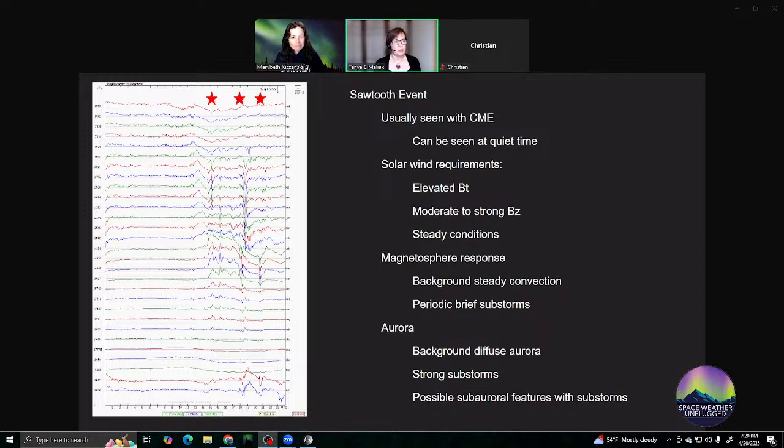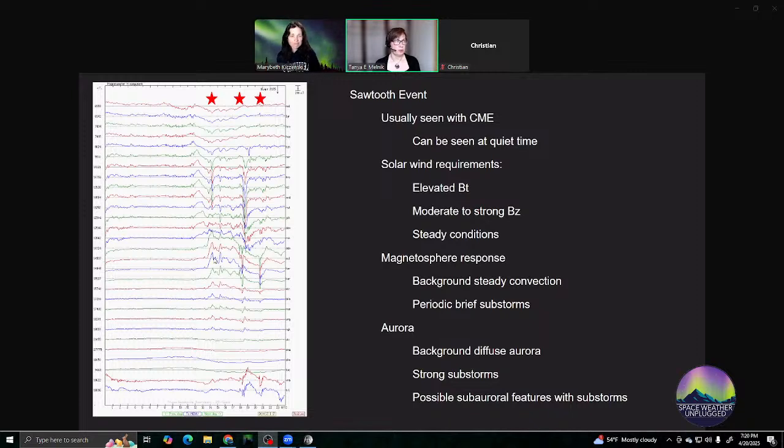Moderate to strong BZ and really steady conditions for several hours. You really need to move probably beyond 3 hours, because that tends to be the natural magnetosphere cycle. Substorming usually happens every 2.5 to 4 hours apart, and you could see it.